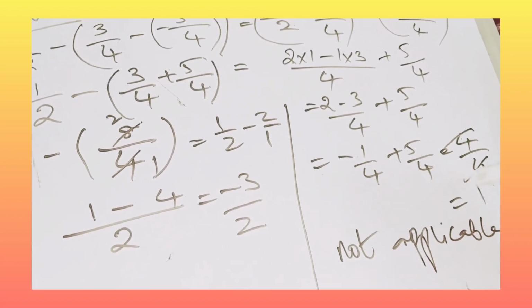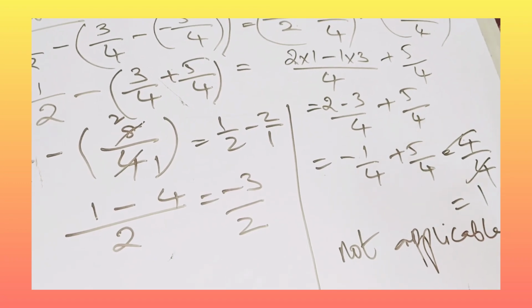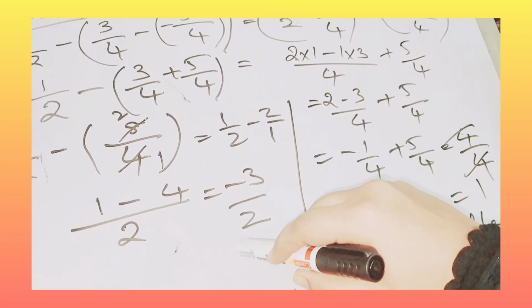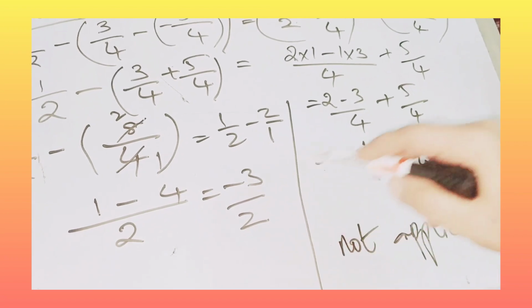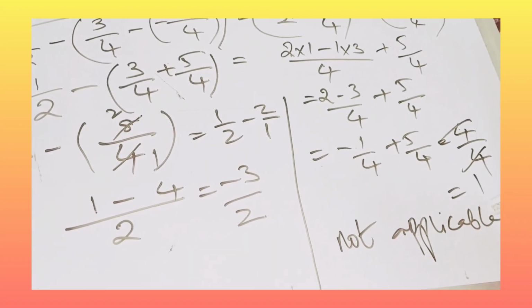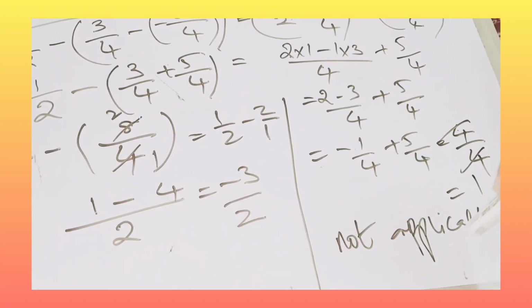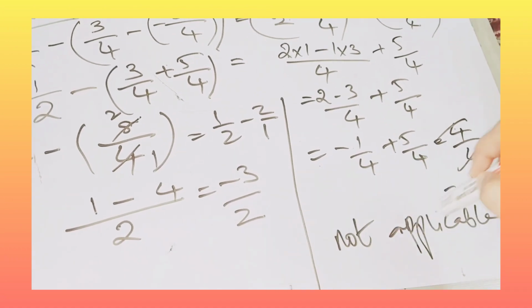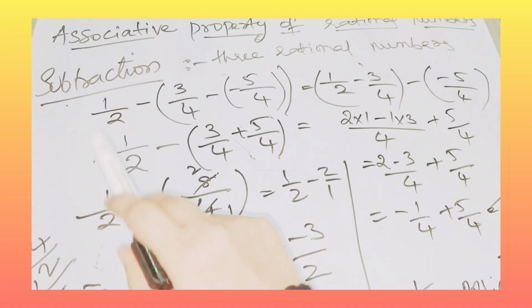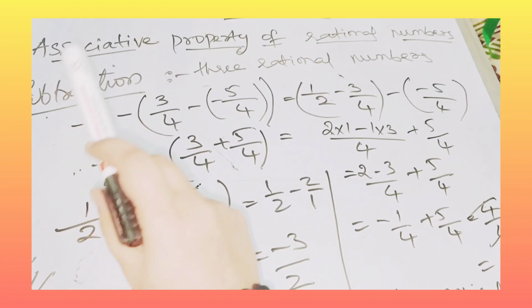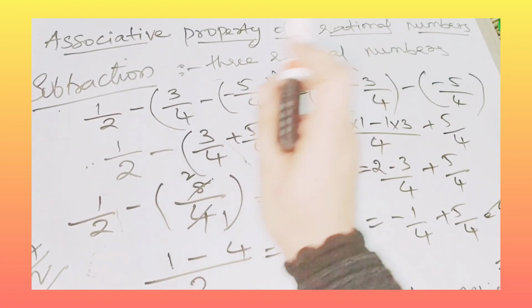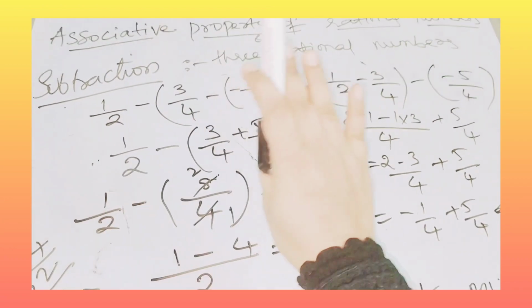Here you can cancel it, 4 ones are 4, 4 ones are 4, answer is 1. So the answer is different here. Here minus 3 by 2 is there, here 1 is there, so it is not applicable. So associative property of rational numbers under subtraction is not applicable.